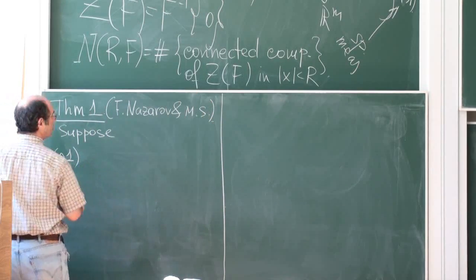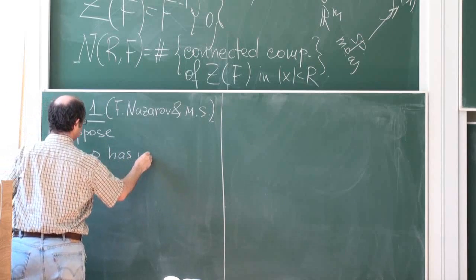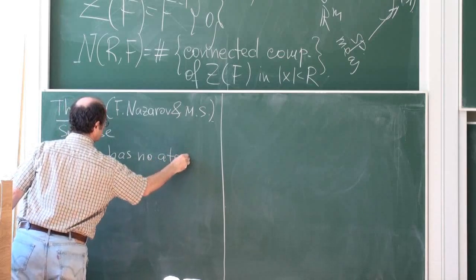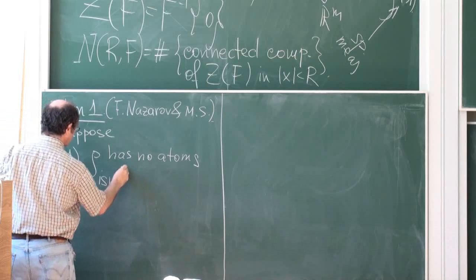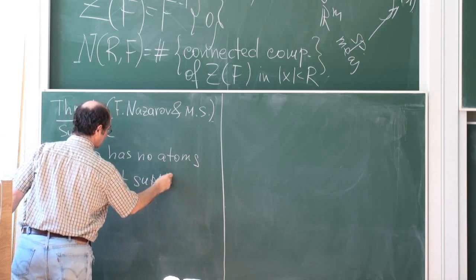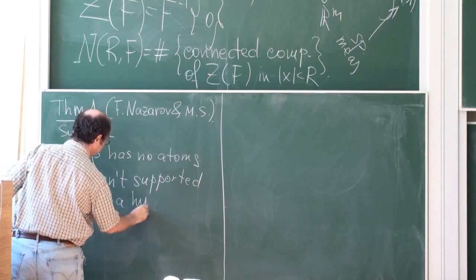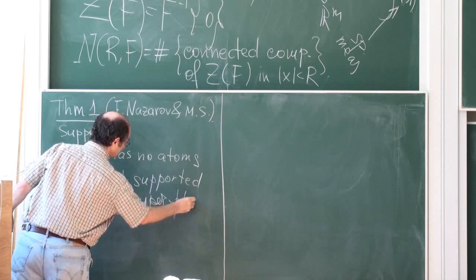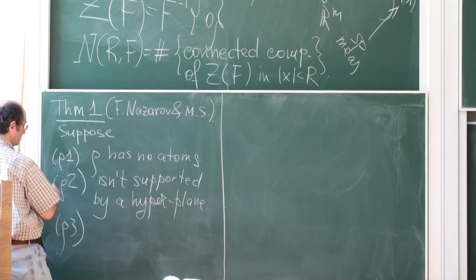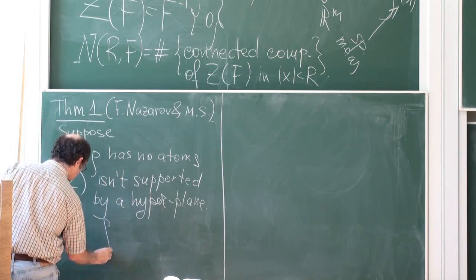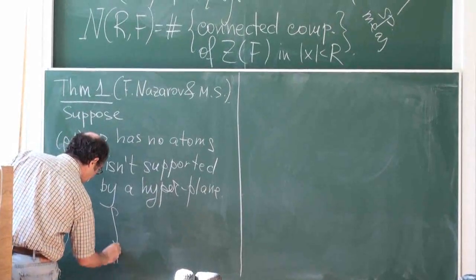I will call them ρ1, ρ2, ρ3. ρ1: the measure has no atoms. ρ2: it is not supported by a hyperplane. And ρ3: it has a moment of some order a little bit bigger than 4.